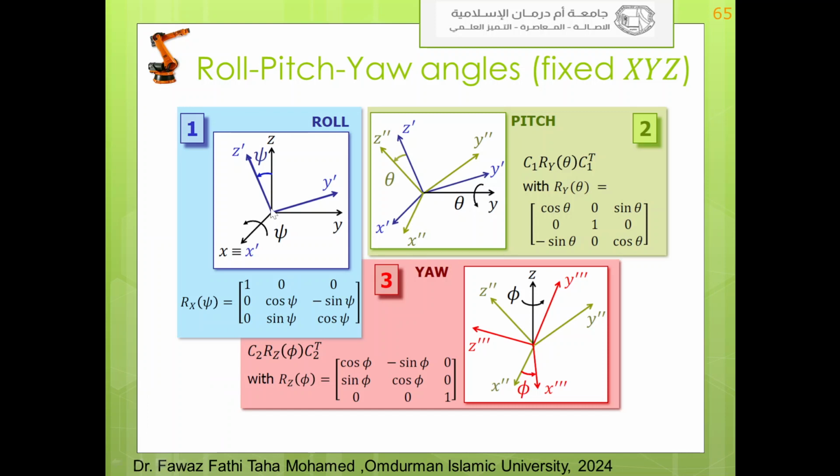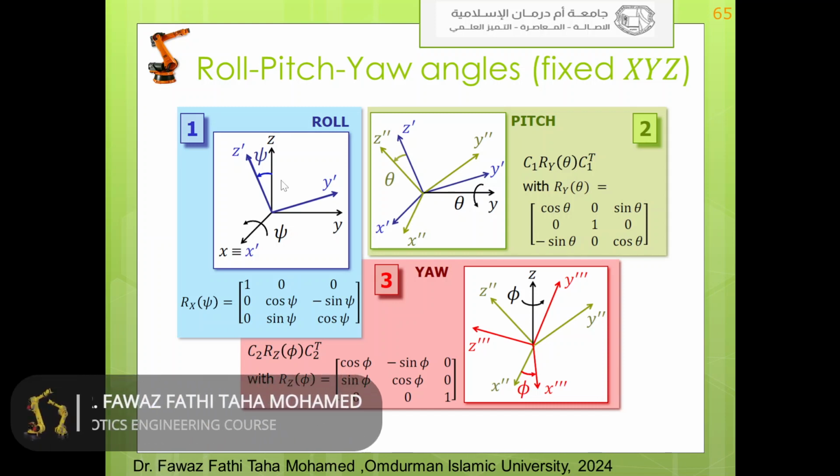So the first rotation is around the x-axis by angle psi. And so here we have a new frame, x dash, y dash, and z dash. Okay, this is a rotation Rx psi.